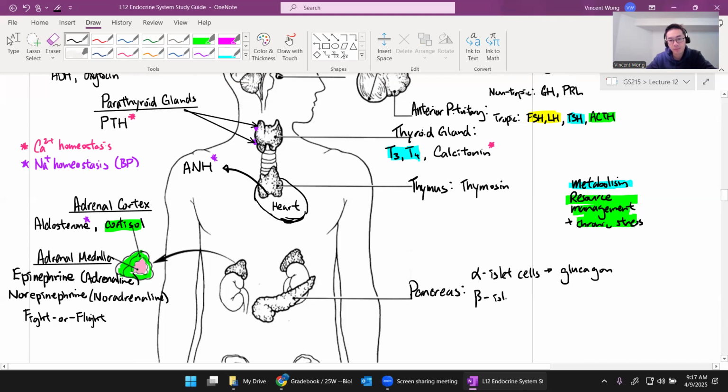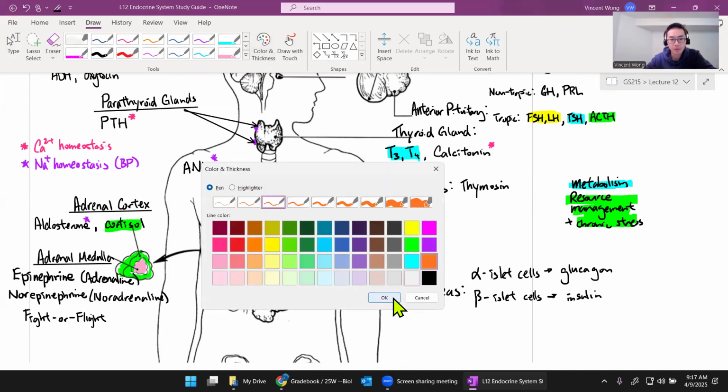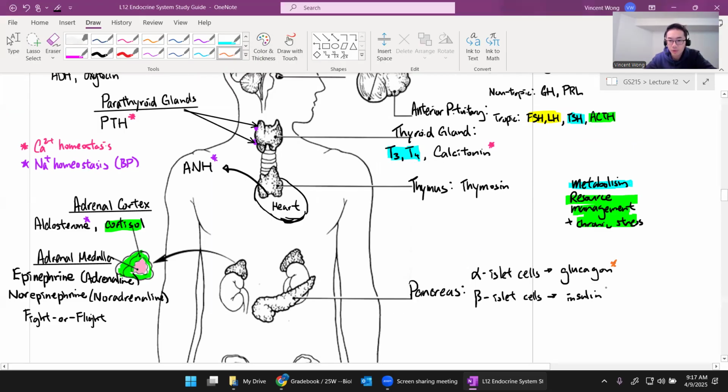Beta cells are going to produce insulin. And of course, by now, you should know that they are there to maintain glucose homeostasis.